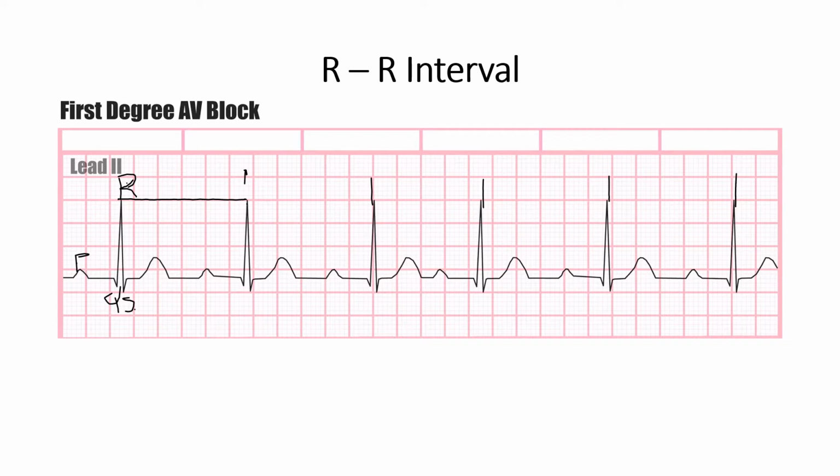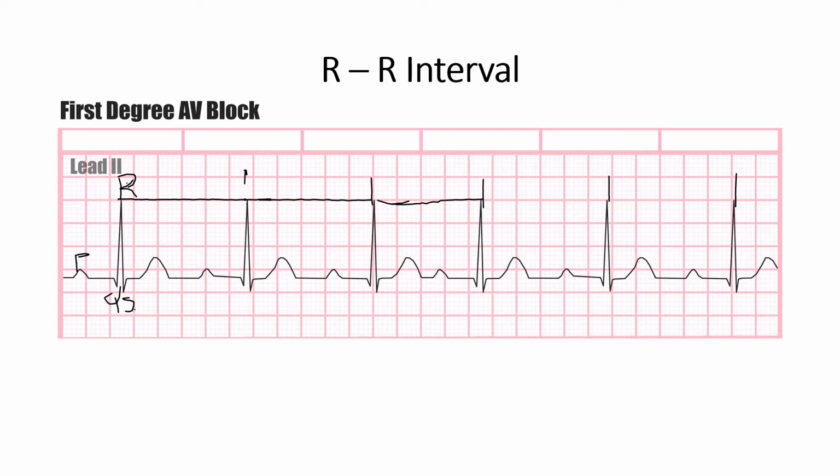If you were to take this line, pick it up and drag it over here, would it be the same? And with a good eye, you can almost always identify a missing QRS or a missing R wave, the R point. So these look pretty close in length.